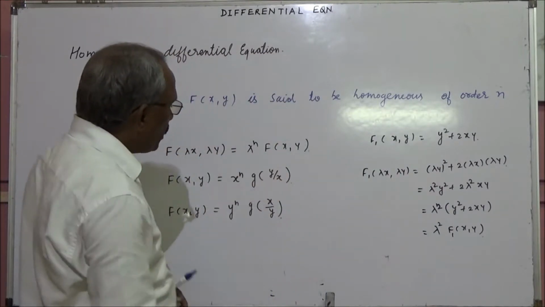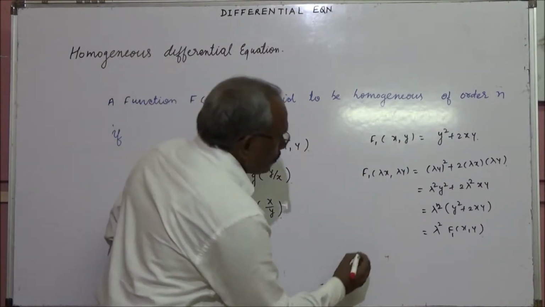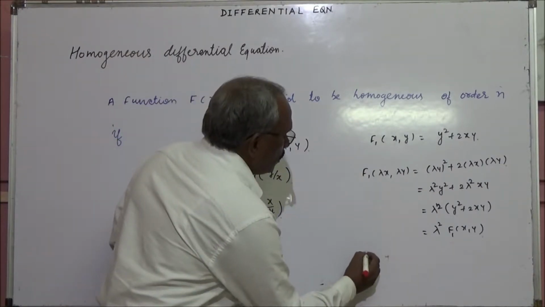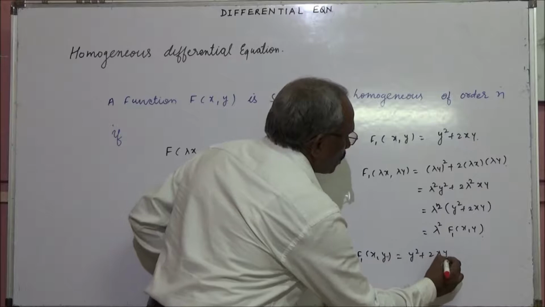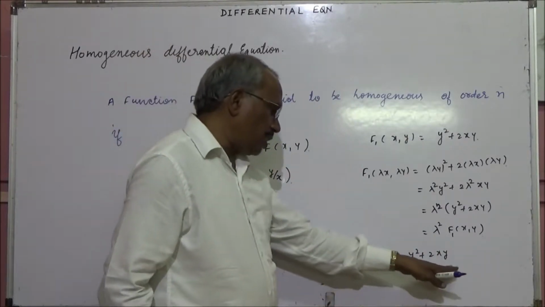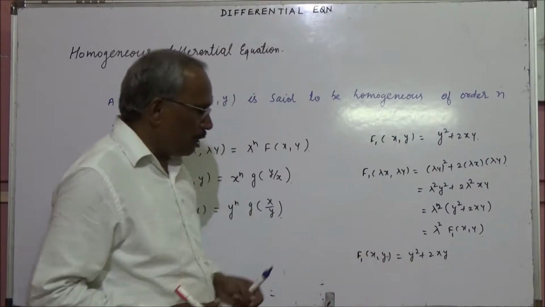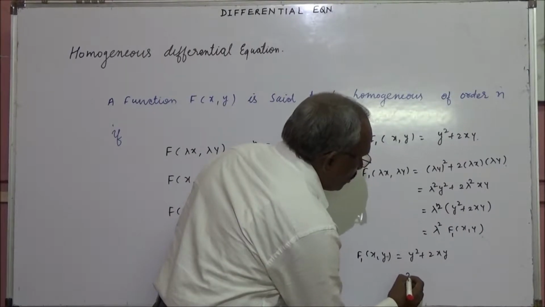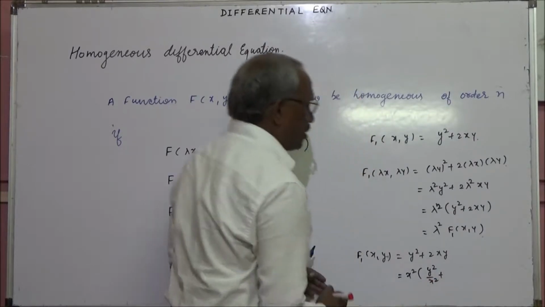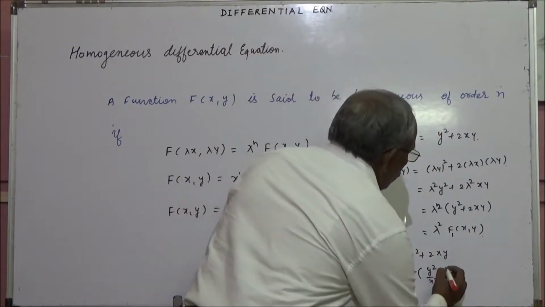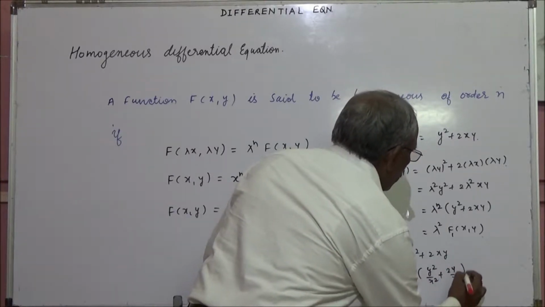Or this function can be written in this form also. Let us see here. f1(x, y) is equal to y square plus 2xy. तो यहाँ पर हम लोगों को x square कॉमन निकालना है. x raised to n, here the degree of this function is 2. So take out x square common. So it will be y square upon x square plus 2y by x.